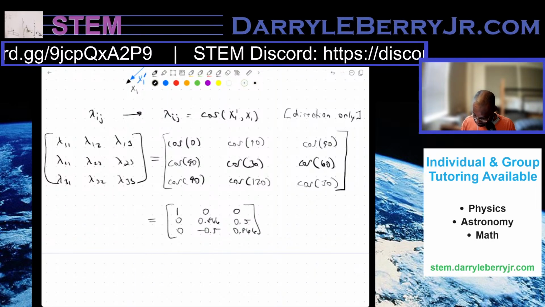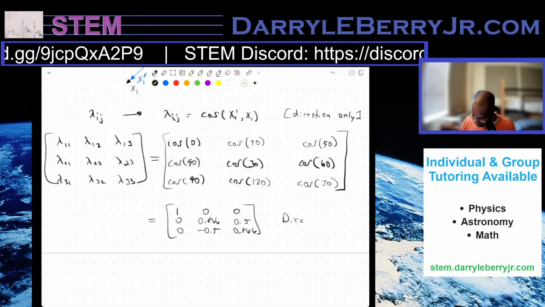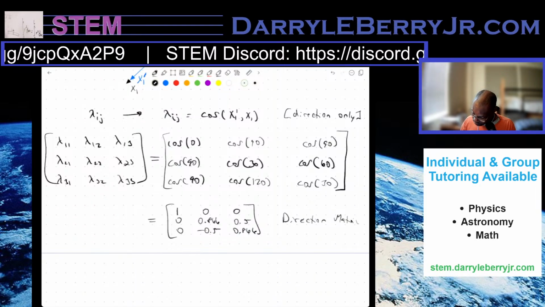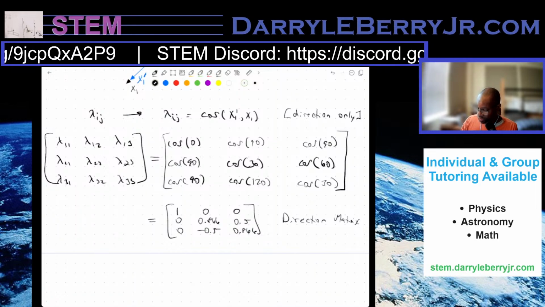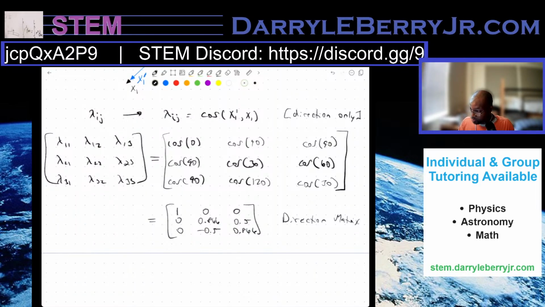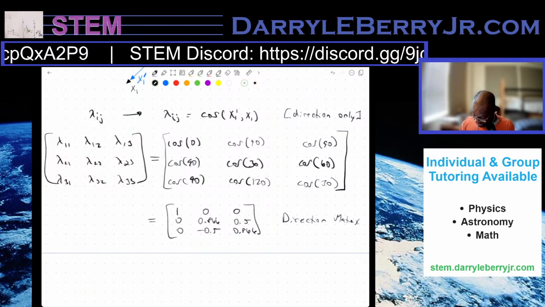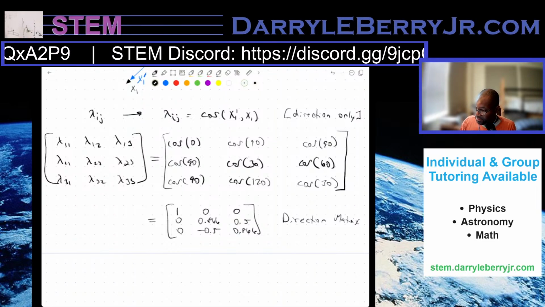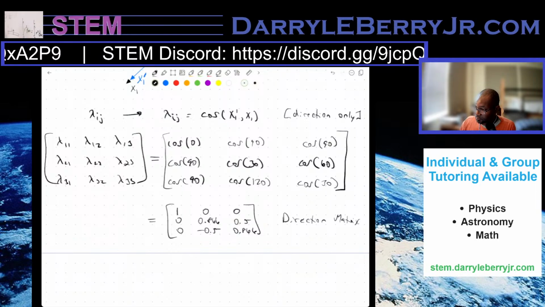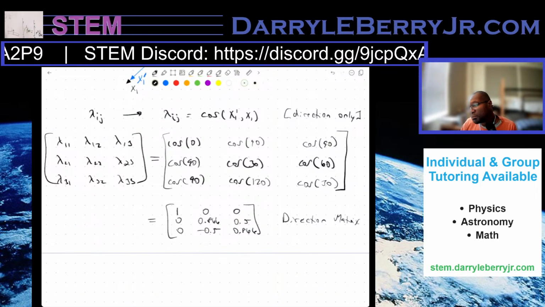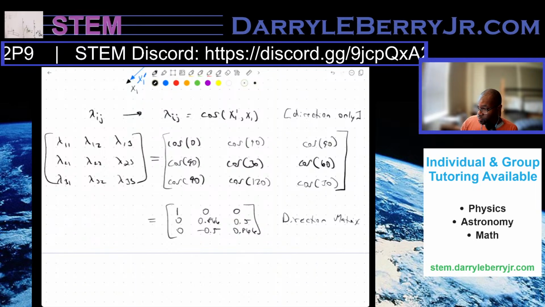So this is the direction matrix, I guess I'll call it. All right, so that adds up. And they have the same thing, 1, 0, 0, 0, 0.866, 0.5, 0, negative 0.5, 0.866. So now we can get the actual point.